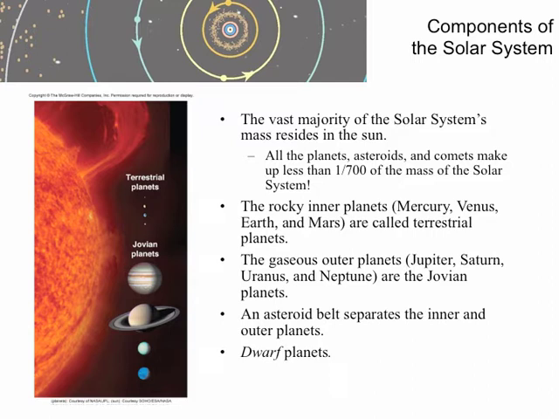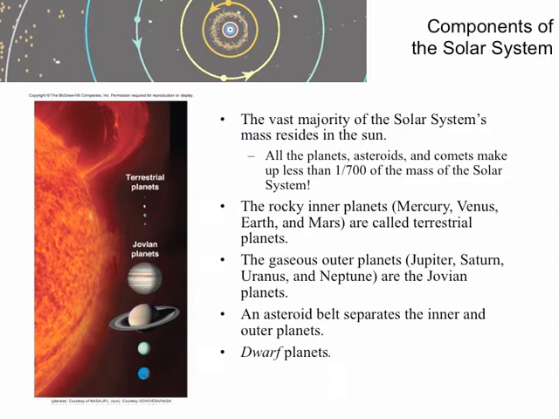If you added up the mass of all of the planets, asteroids, comets, etc., dwarf planets in the solar system, you would come up with less than 1/700th of the mass of the solar system. So that means we make up much less than 1% of the solar system. And that's with all the planets' mass added together.